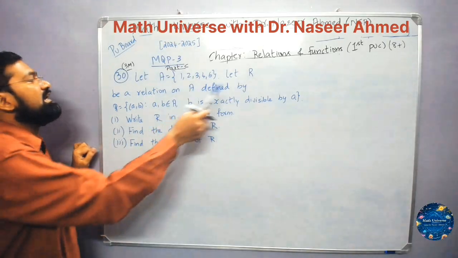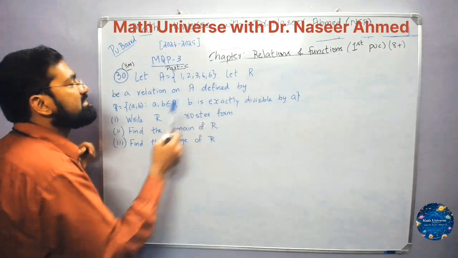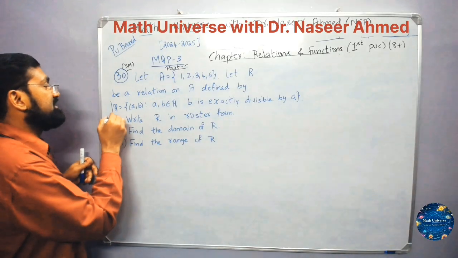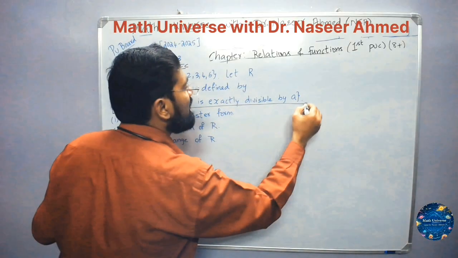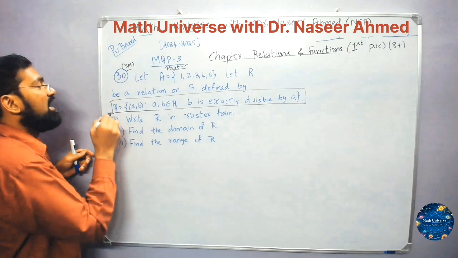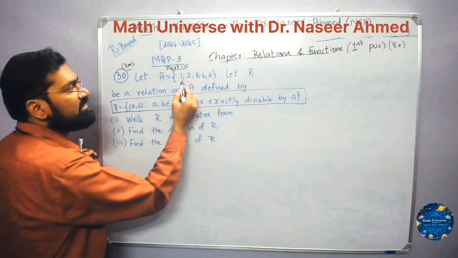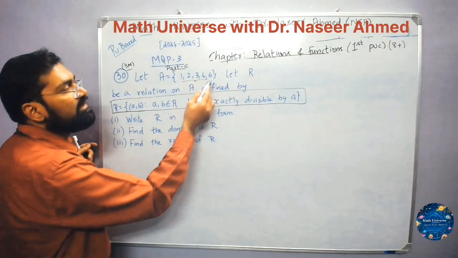Let R be a relation on set A defined by, what is the definition in this problem for relation? Understand this. R is ordered pair where both A and B come from the same set A, which is nothing but these elements 1, 2, 3, 4 and 6.